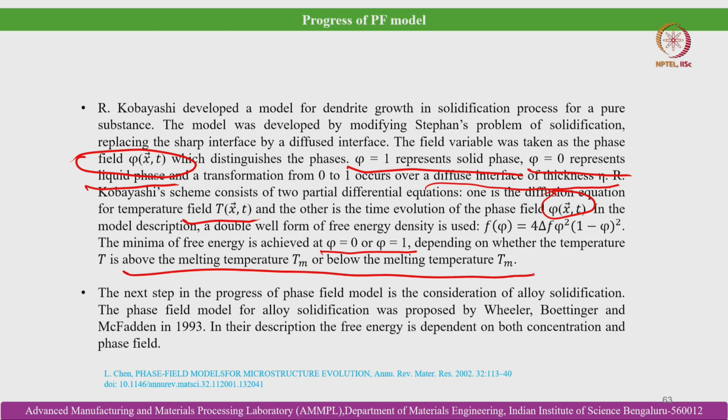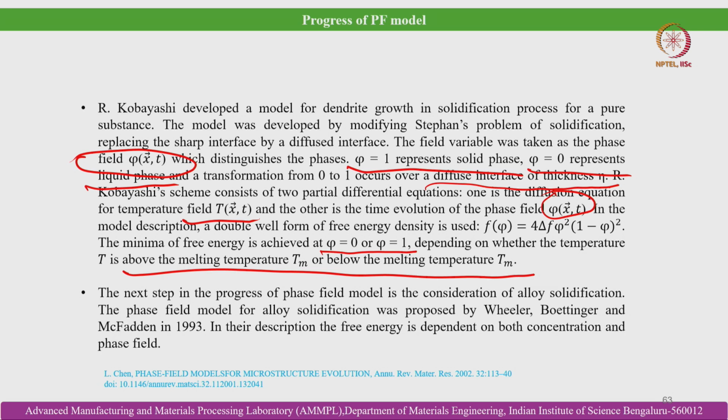To clarify further, phi equal to 0 means the temperature is above the melting temperature, because as we have discussed above, phi is equal to 0 when the phase field parameter is in the liquid phase, and phi equal to 1 means it is in the solid phase. That means of course the temperature is below the melting temperature Tm, and only then will solidification happen.